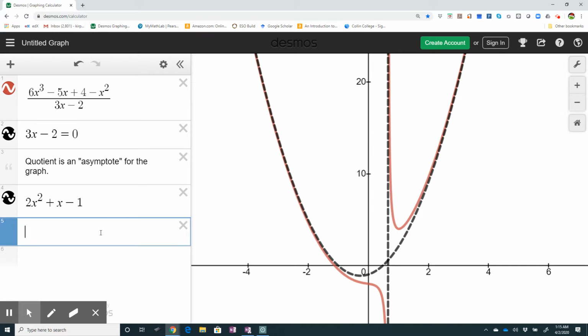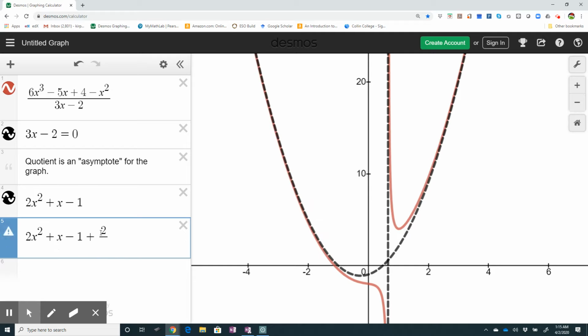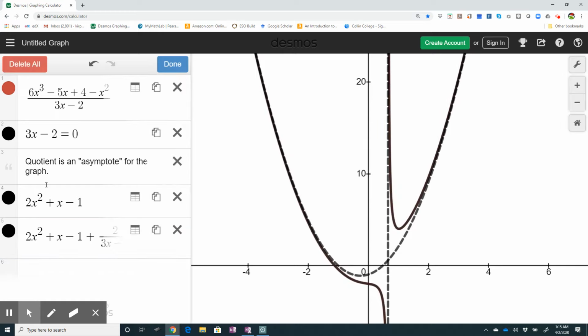Now, if I graph my 2x squared plus x minus 1, and then I add the 2 over 3x minus 2, the remainder, notice that I get the exact same graph as my original problem.